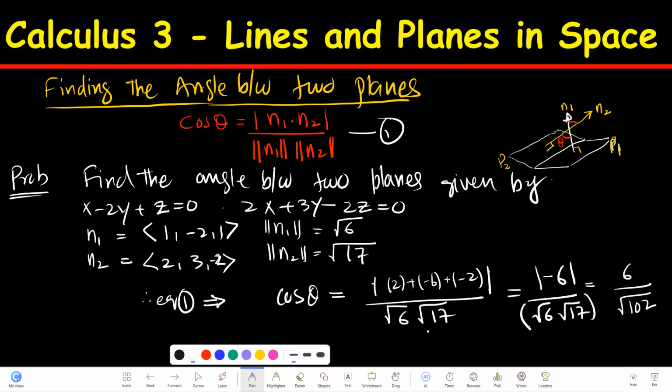Square root of 102. So if we divide this, we're going to get theta equals cos inverse of 6 over square root of 102. Yeah, you guys can calculate that one too and give me the answer. It should be in degrees.